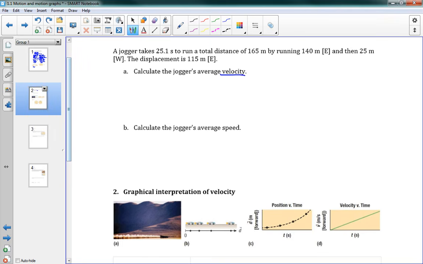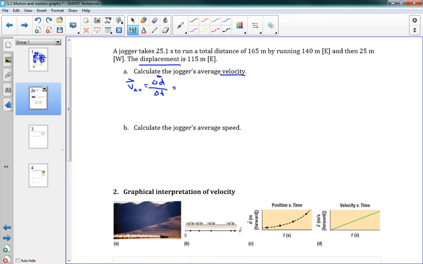Calculate the jogger's average velocity. Now notice velocity, that's a vector. That means we want to say that v average is equal to our displacement over the time. Okay, and our displacement, we've got a few bits of information. Here we have the total displacement.